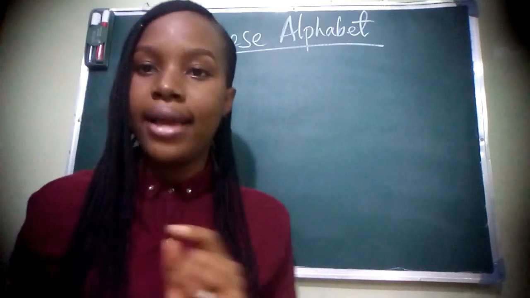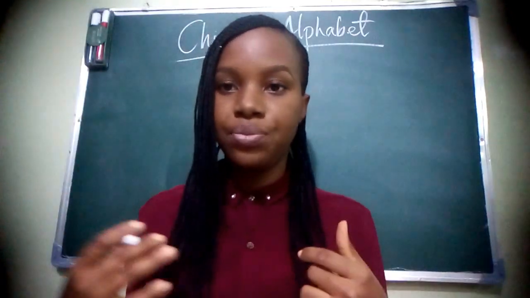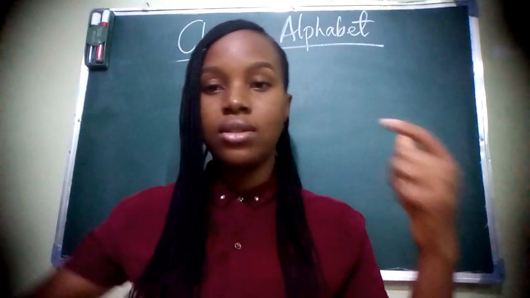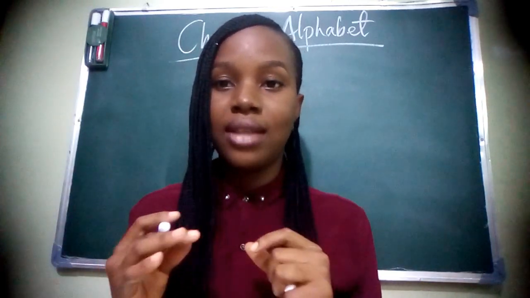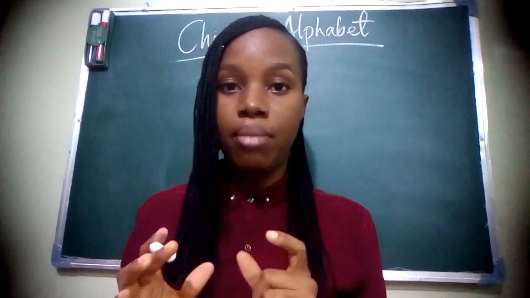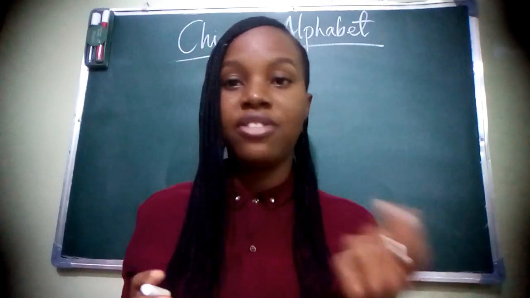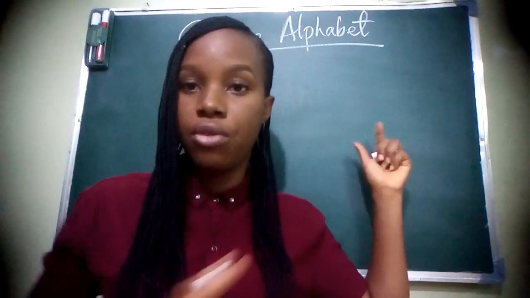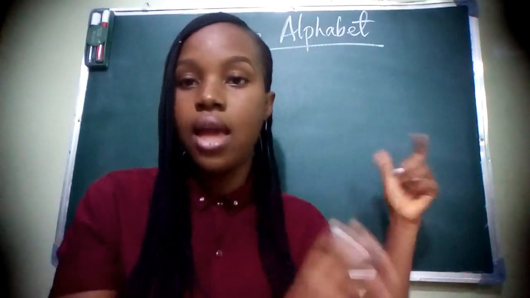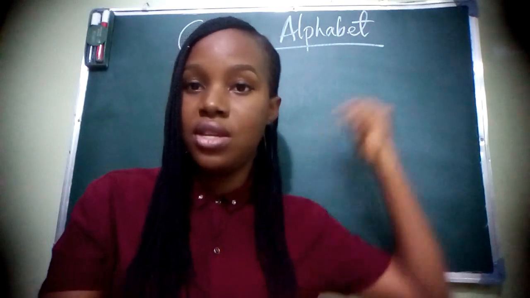First of all, before I break down the alphabet into the initials and finals, I'll have you know that Chinese alphabets are 29 in number, whereas in English we have 26 alphabets. So I'm going to be writing an overview of the Chinese alphabet first before I categorize them into the initials and the finals.